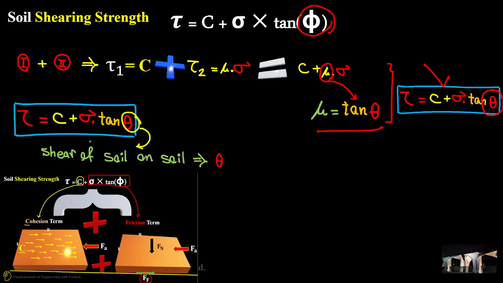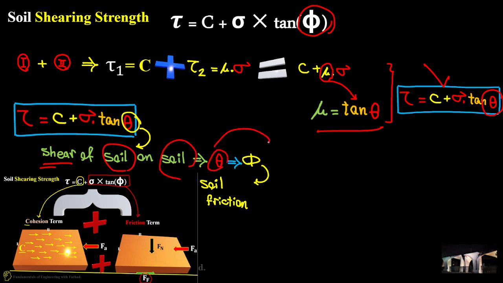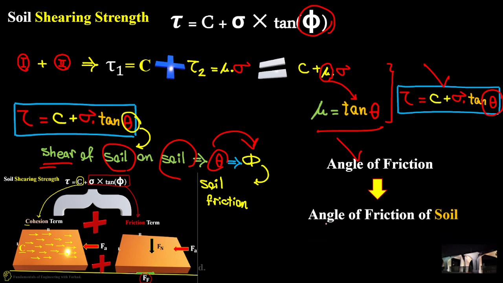When we have shear stress of soil layer over soil layer, we can easily convert theta to phi, which we call the angle of friction of the soil.